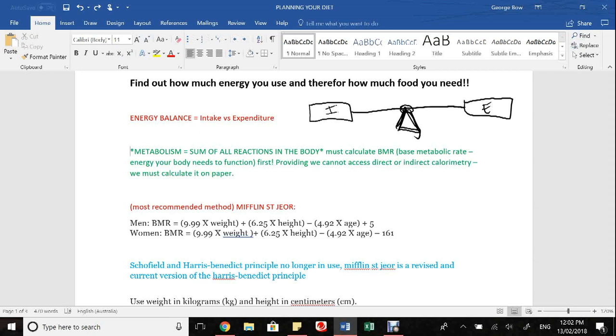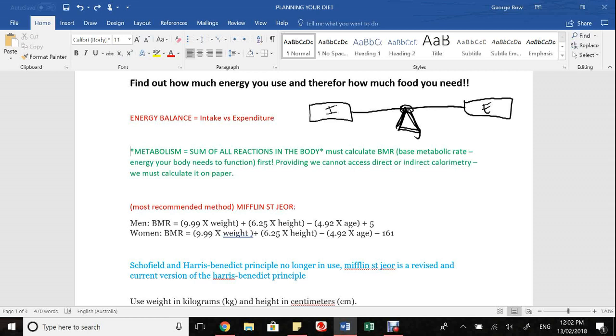It's because they are not getting enough energy in, so their body literally has to eat itself to find energy. In severe cases, that is fatal. So we need to always meet our BMR energy requirements, taking in at least that many calories.